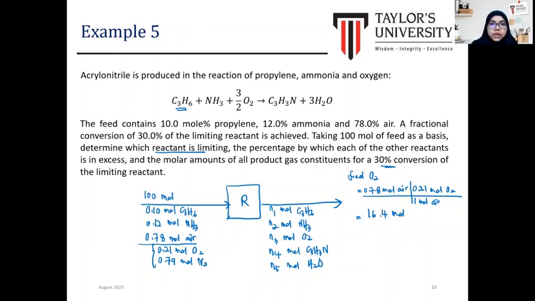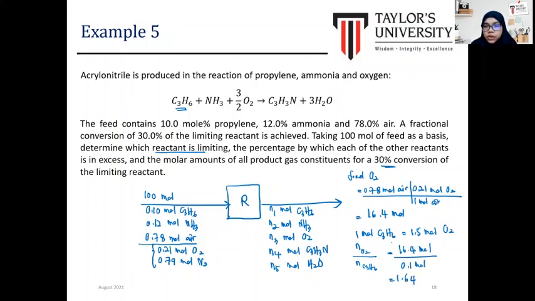To prove which reactant is limiting here, based on the stoichiometry, if we have 1 mole of propylene, theoretically we should have 1.5 mole oxygen, right? So N oxygen over N propylene, C3H6, equals 16.4 over 10, so it turns to 1.64.